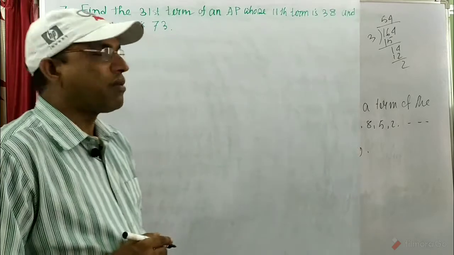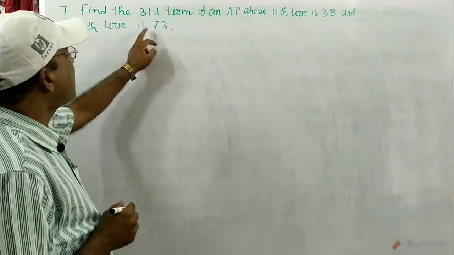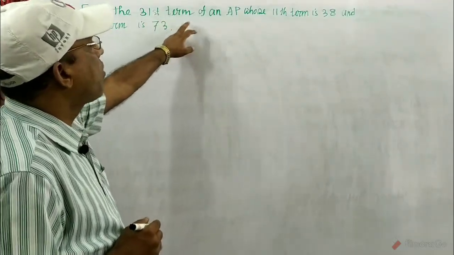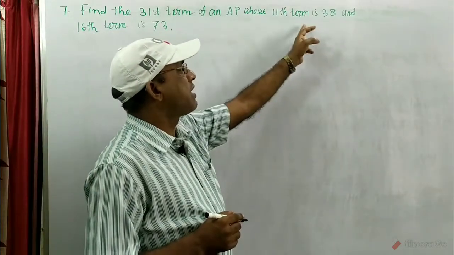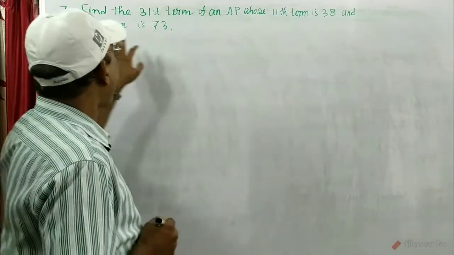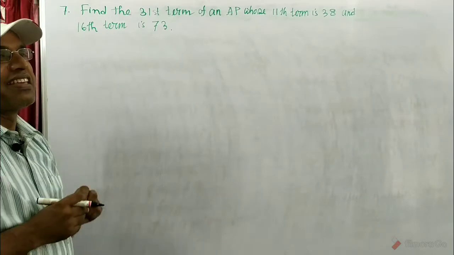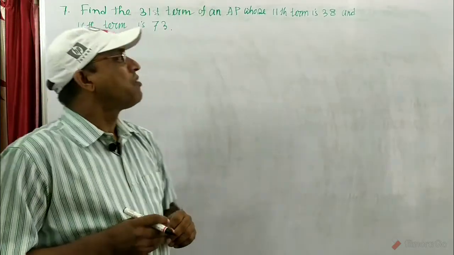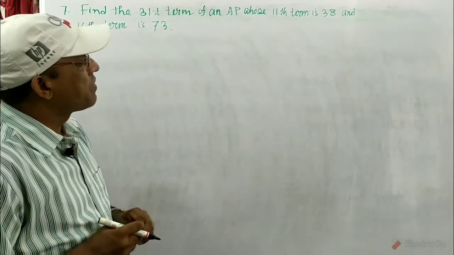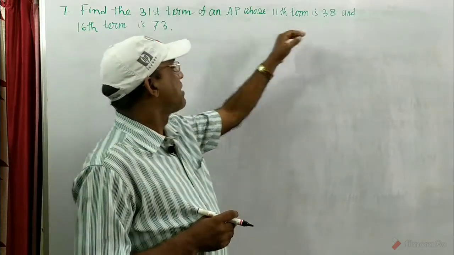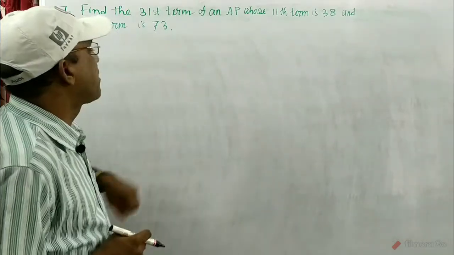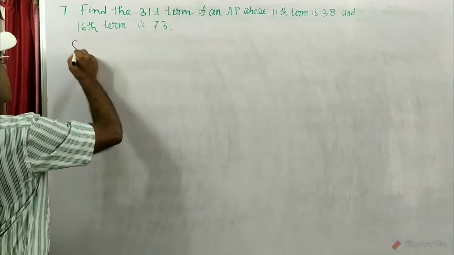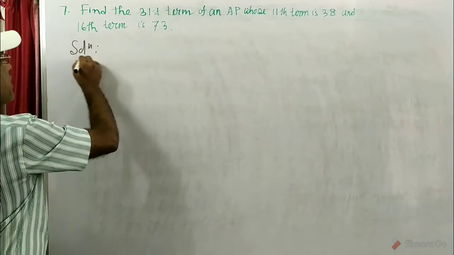Now consider problem number 7. Find the 31st term of an AP whose 11th term is 38 and 16th term is 73. So this problem is given. What is the 31st term if the 11th term is 38 and the 16th term is 73? Now we want to solve this problem.